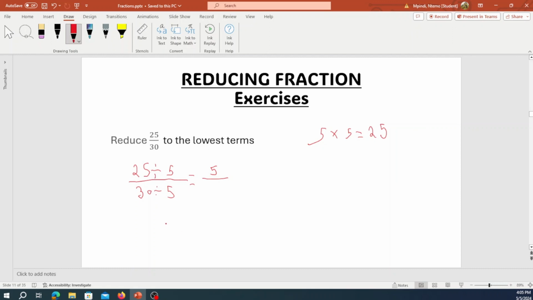Now 30 divided by 5 equal what? 6. Because 6 times 5 equal 30.